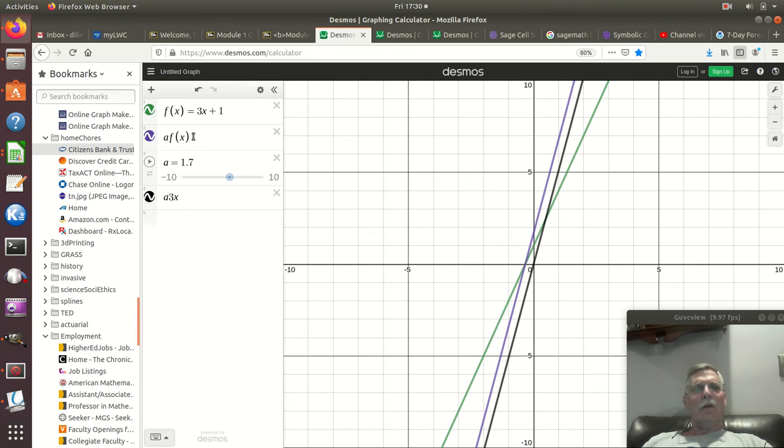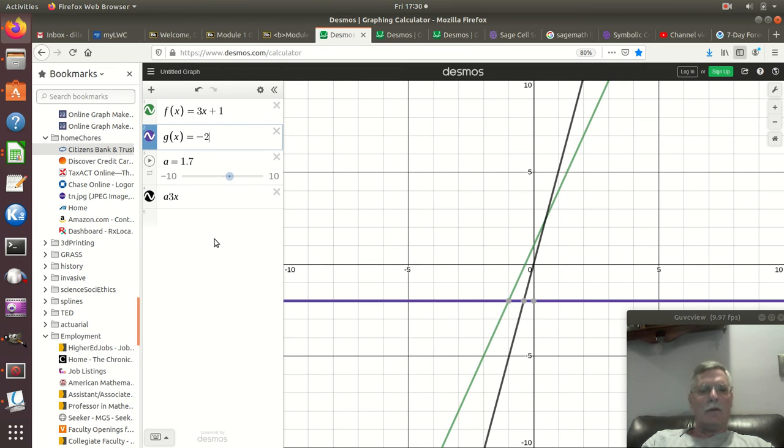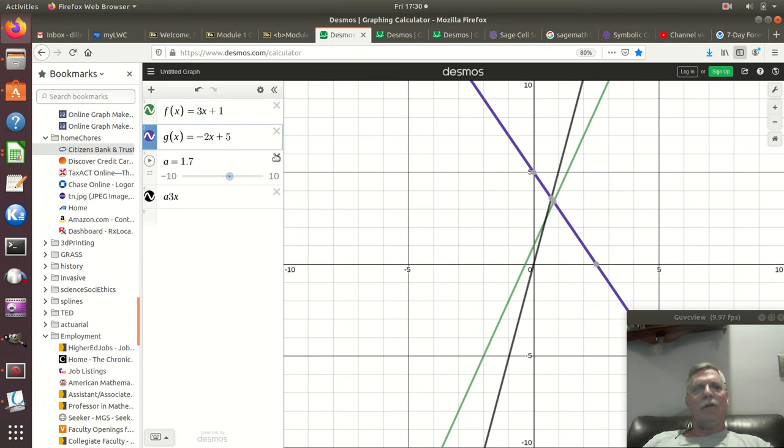Now let's change this up a bit and say I have another function, g of x, that equals maybe minus 2x plus 5. So there's g of x. I'm going to get rid of that and get rid of that. And so there we have our 2 straight lines.